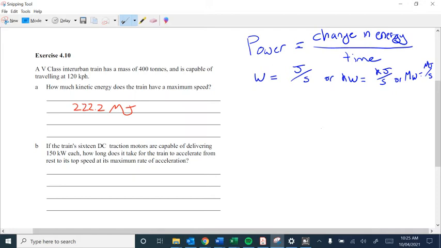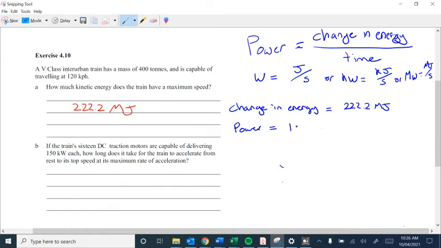Okay, so now it's just a matter of putting it into the equation. Power is equal to change in energy over time. Our change in energy equals 222.2 megajoules, because it starts at 0 and speeds up to its top speed. Power is 150 kilowatts per engine, and there are 16 engines or motors.